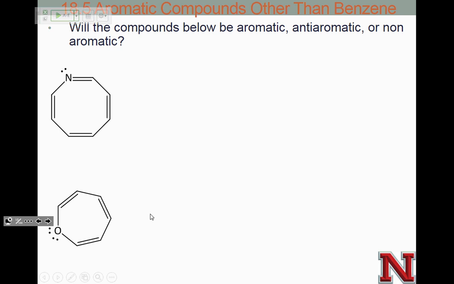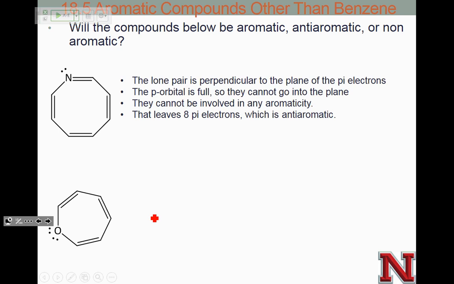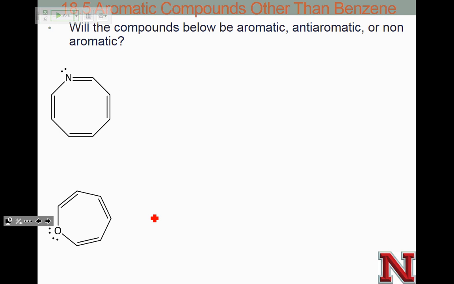Looking at this first compound, we do have a closed system, and in this case we have 8 unhybridized p orbitals. How many total pi electrons do we have in that closed system? We have 8.